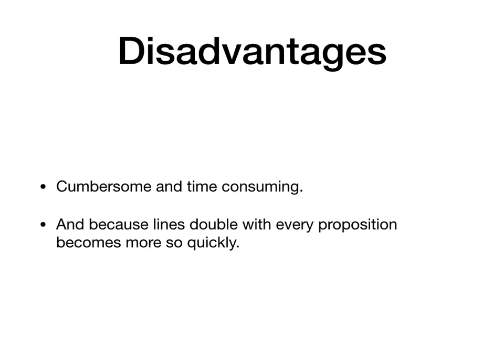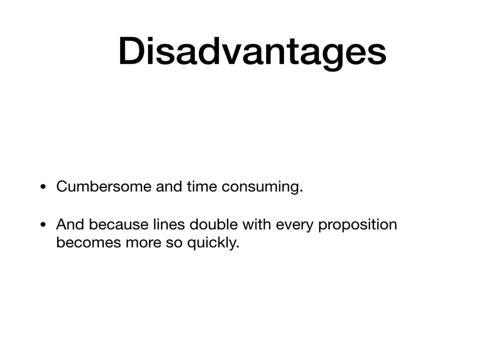The number of rows, the number of lines doubles with every proposition. I was going to do one for you guys with 5 propositions, and I couldn't even really get it on my computer screen because everything was so small, because you're getting up to so many rows so quickly, right?